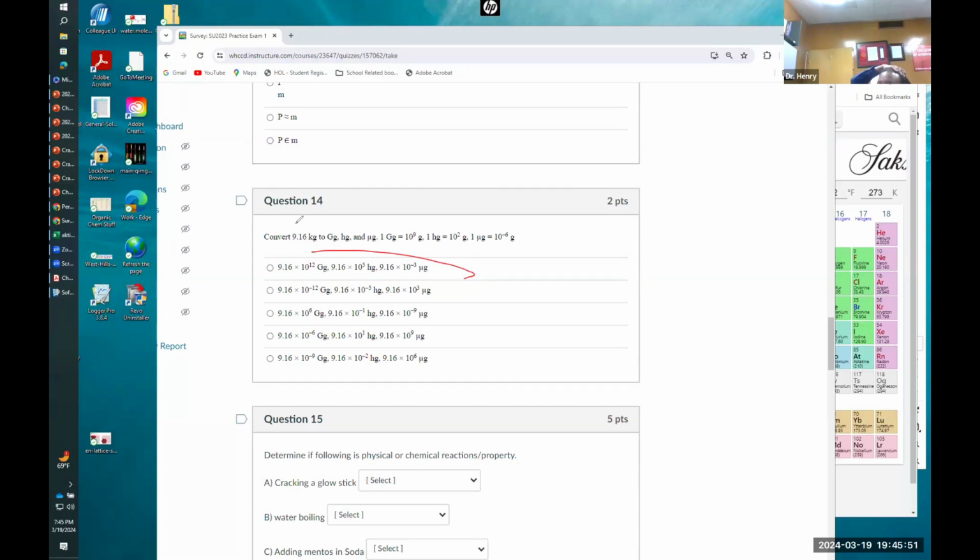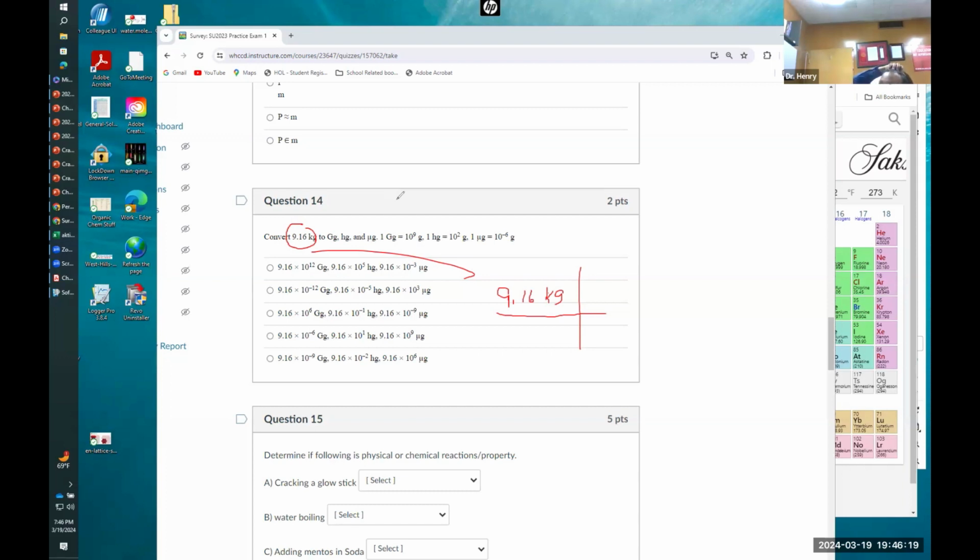So what I always do is I'll start off with what my given is. So that's my 9.16. I say kilojoules, kilograms, not kilojoules. It has been a long day. So I'm going to be converting grams, right? So I know that this is kilograms. Do I have a value for kilograms to grams?